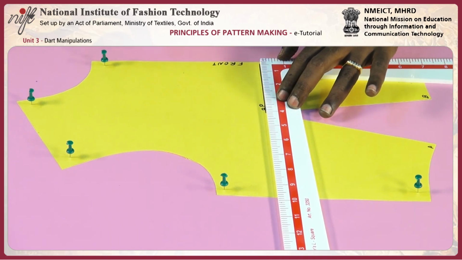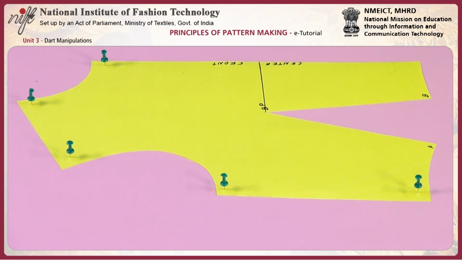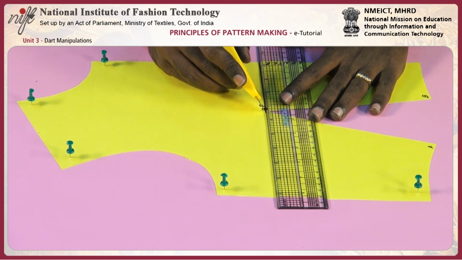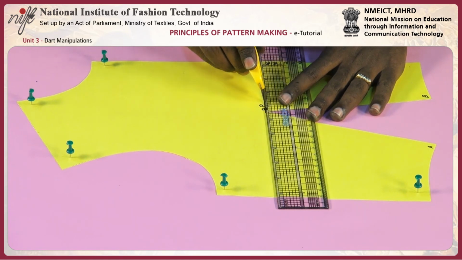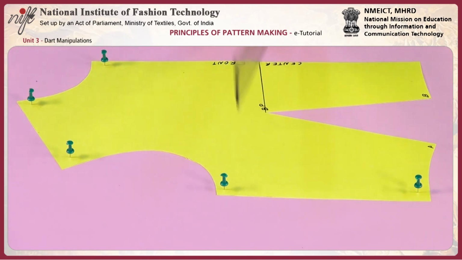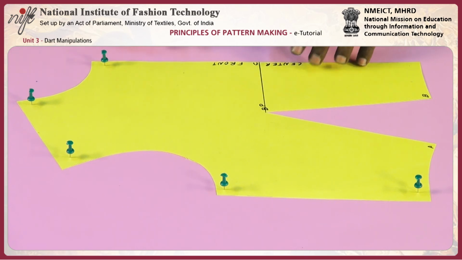Make a horizontal line from the bust point to the center front. Then slash the line. Mark C here.